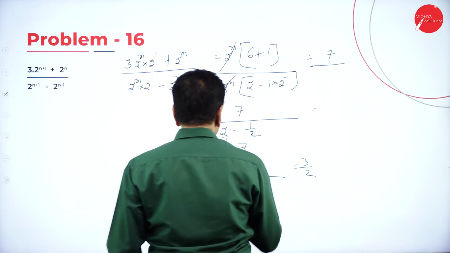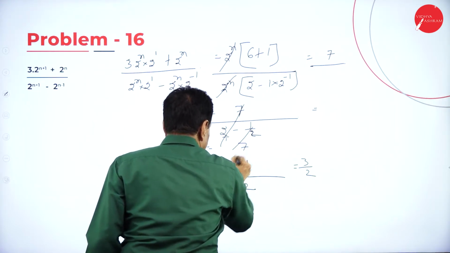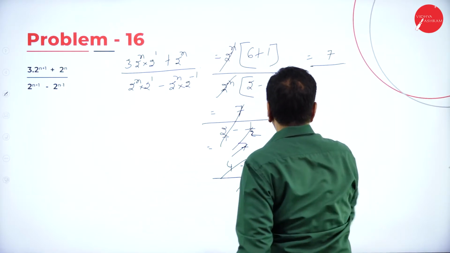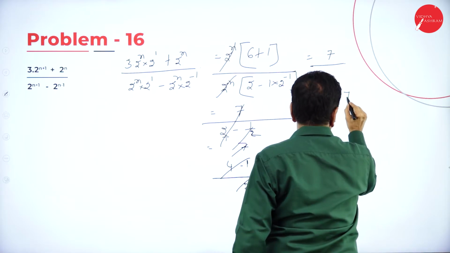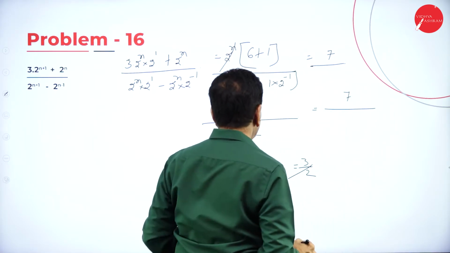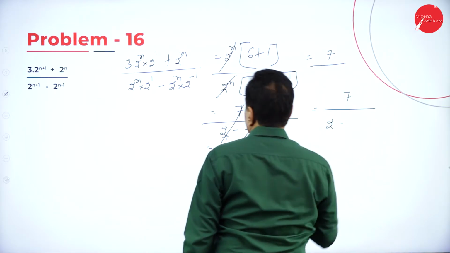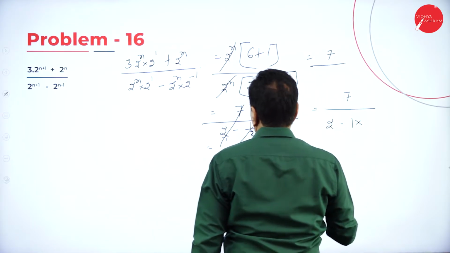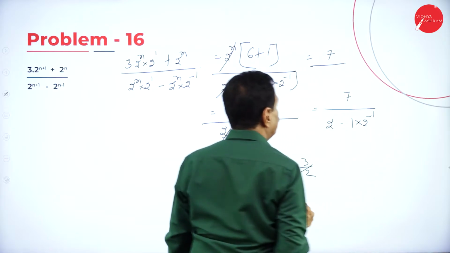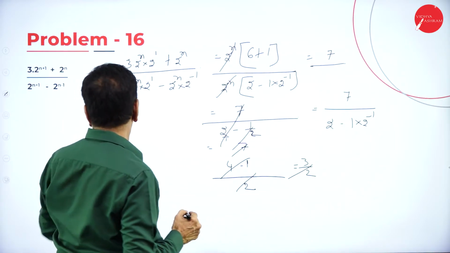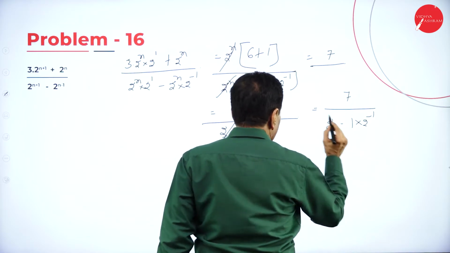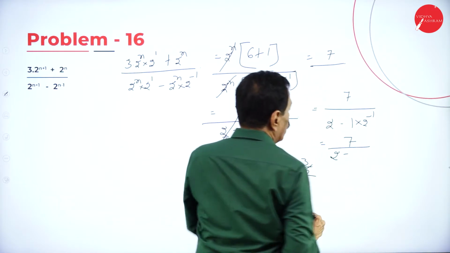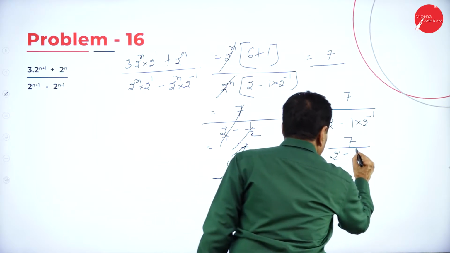Here simplify this. We can simplify this. This is 7. You got 7 divided by 2. 2 to 1s are 1 into 2 to the power of minus 1. This is 2 is there, 2 to the power of n, 2 is there. This is 7, 2, 1 2s are, this is 1 by 2.